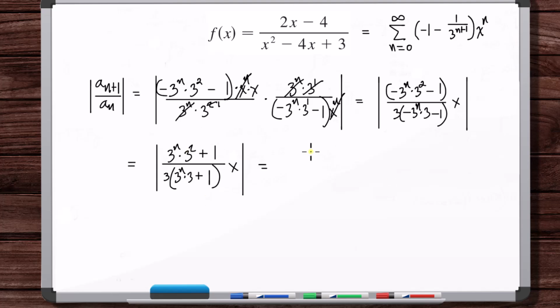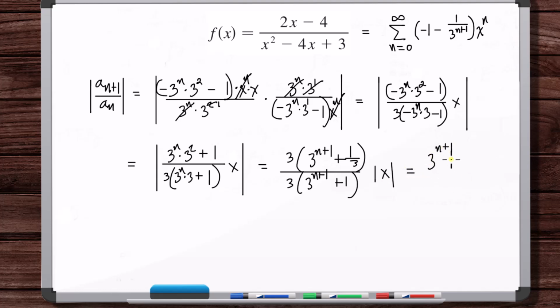This is always positive, so we've got 3 times 3 to the n plus 1 plus 1/3 over 3 to the n plus 1 plus 1.